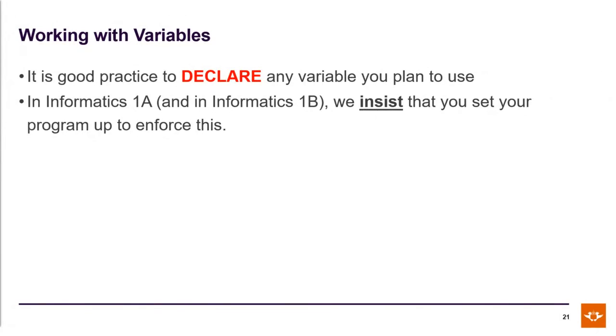You actually sat down and asked how many variables you need, what this is going to achieve, and how you are going to go about it. We insist that you set your program up to enforce this to such a point that if you don't pre-declare your variables, your program won't run. And when your program does not run, we cap your mark at 40%.